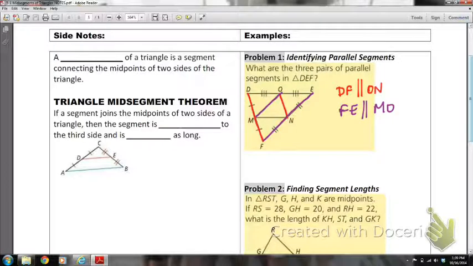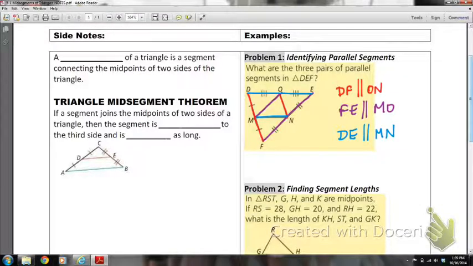And then finally, the third side is DE, and from the congruence markings on that side, we can see that O is the midpoint of that side. So the midsegment that it's parallel to is MN. So DE parallel to MN. So those are the 3 pairs of parallel segments in triangle DEF.